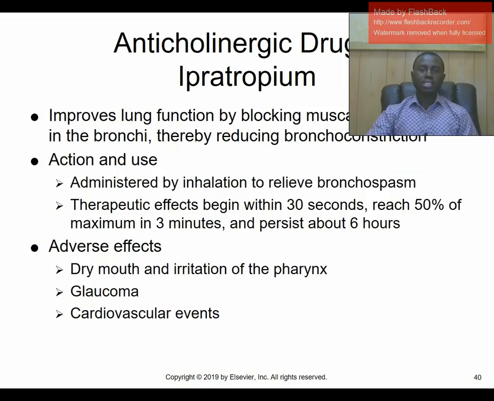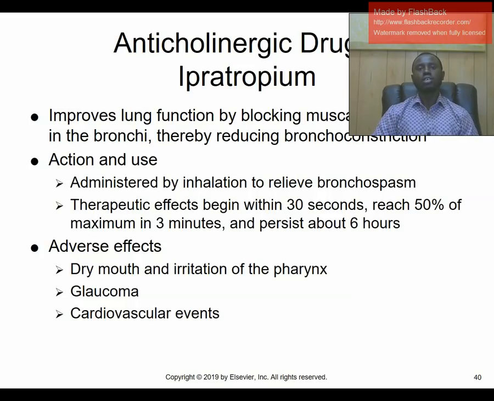The last set of medications that we are going to be looking at is the anticholinergic drugs. So anticholinergic drugs improve lung function by blocking muscarinic receptors in the bronchi, thereby causing bronchial dilation. And there are various forms of anticholinergics.